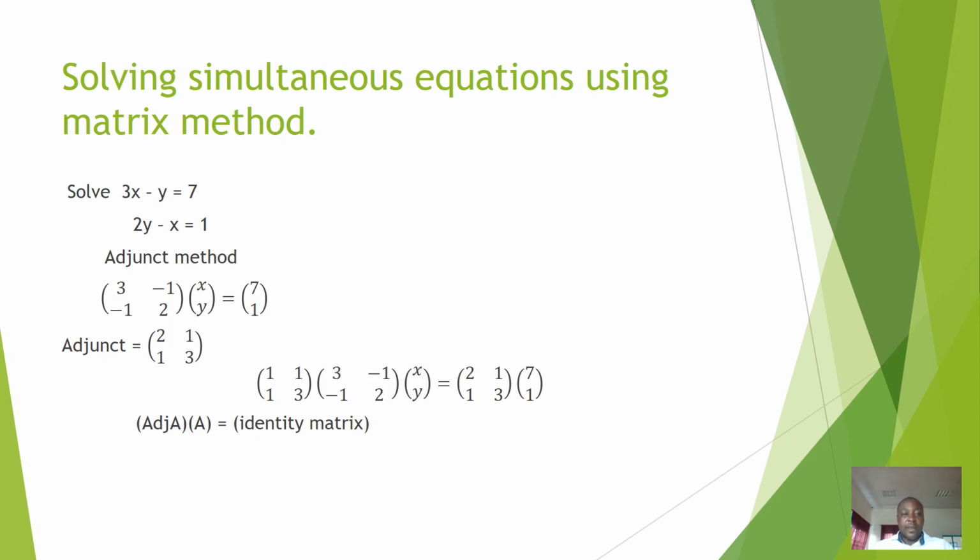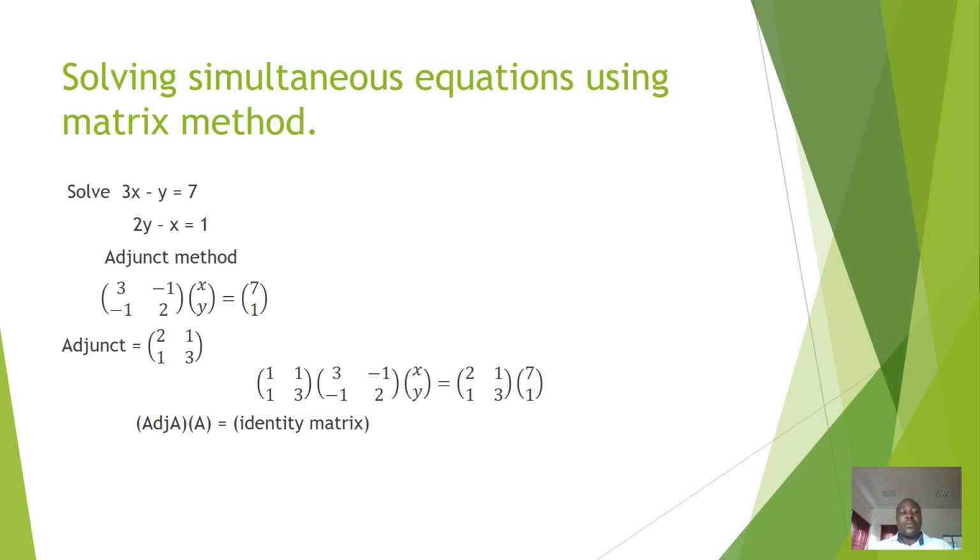Column of y, equation 1, we have -1, and equation 2, we have 2. Then we pre-multiply that into xy. You can see if we try to multiply out the matrices, we shall go back to the original equations. Then we equate to 7, 1.